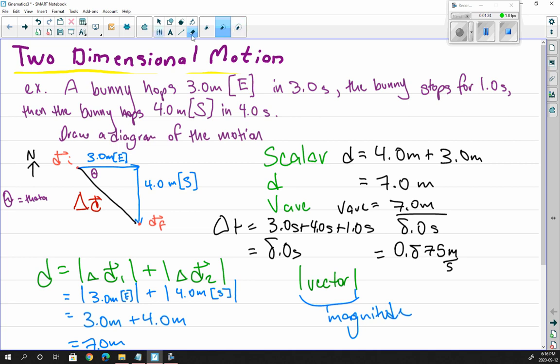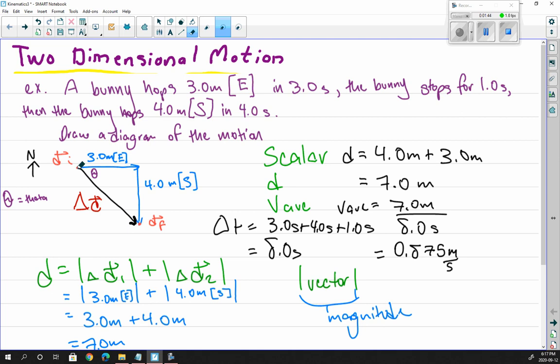Let me finish the arrowhead there. There it is. And I call that delta D, or change in position, displacement, because it's telling the reader of your work, look, the object started here and now it is in this new position.